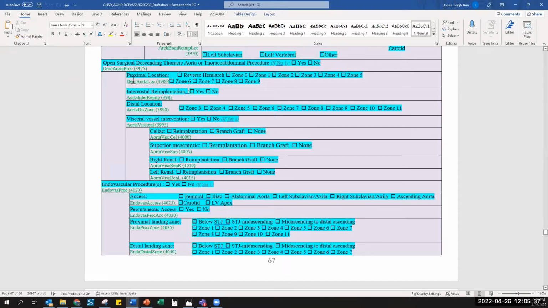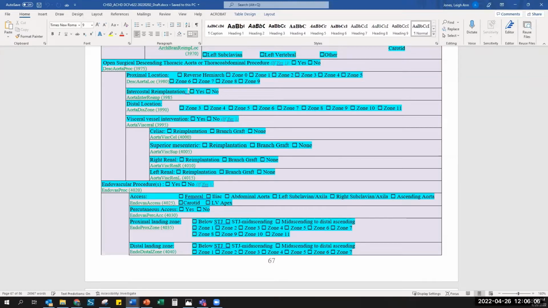Last week, we went over the graphs in the adult training manual currently that show the pictures of the zones and the definitions of each zone to help you identify the locations. So you would choose your proximal location. Then the next sequence wants to know, was there intercostal reimplantation done during this procedure?